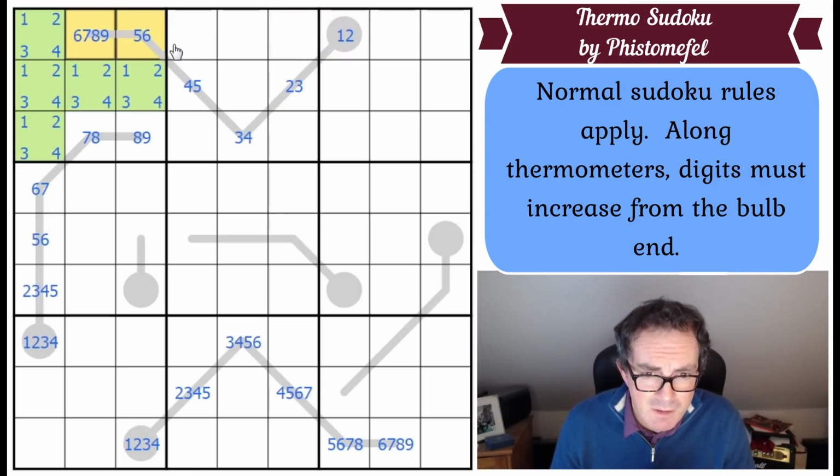It's very close to being restricted, I think. If this is 5, you get 4, 3, 2. You get 2, 4 here. You then get 2, 4 there. Still, that looks okay, doesn't it?